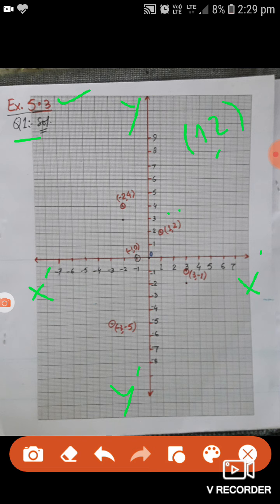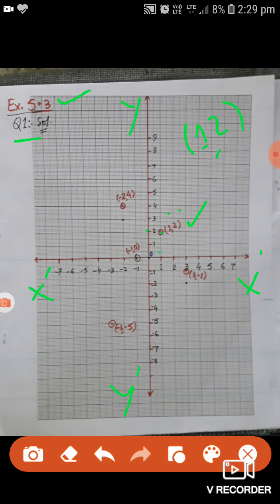We can check it by drawing the point in the coordinate plane. The abscissa is 1 and the ordinate is 2. The two meet at this point, so this point is in the first quadrant.